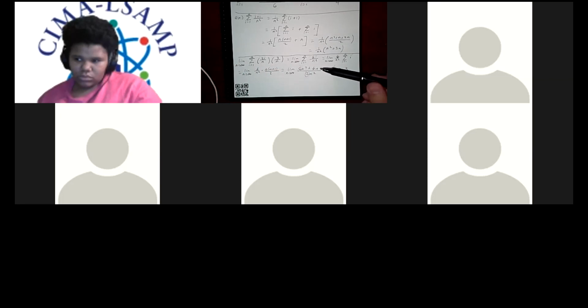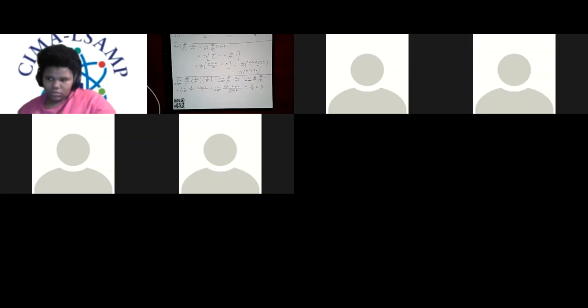So remember, back from Cal 1, right? If the degree on top is bigger, infinite. If the degree on bottom is bigger, 0. If they are equal, like this question, you take the coefficients and divide them. That makes sense? Yes. Okay, so don't forget, use the formula here, some algebra, took the limit.